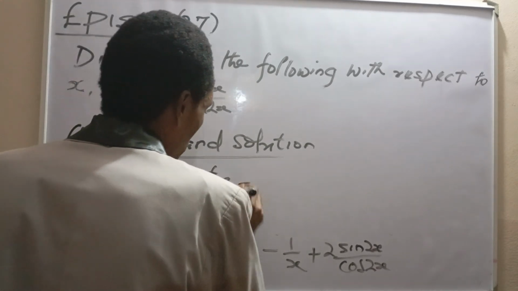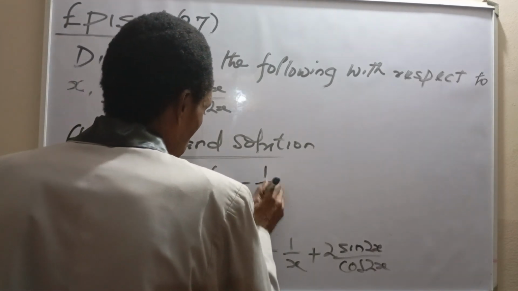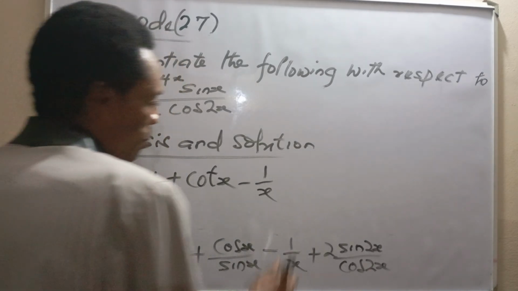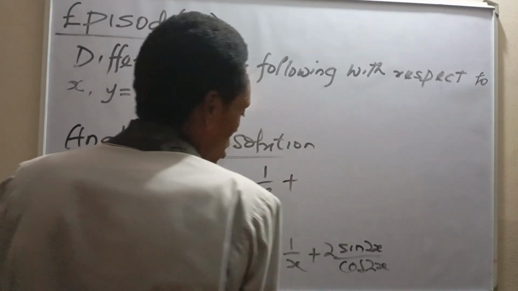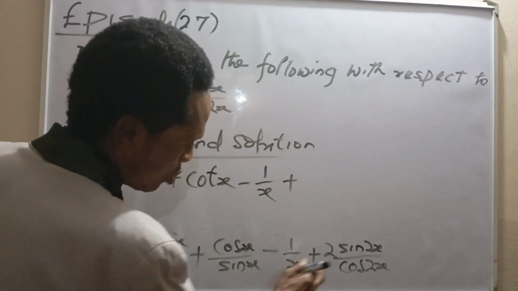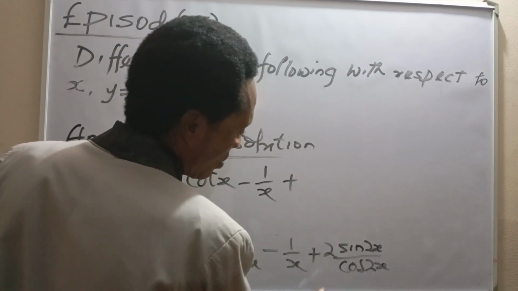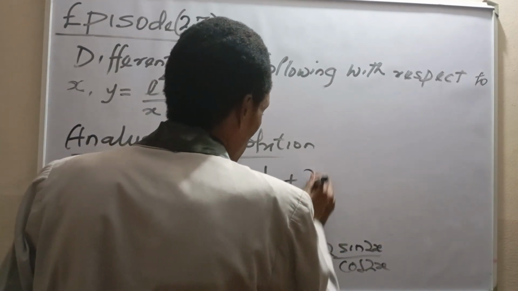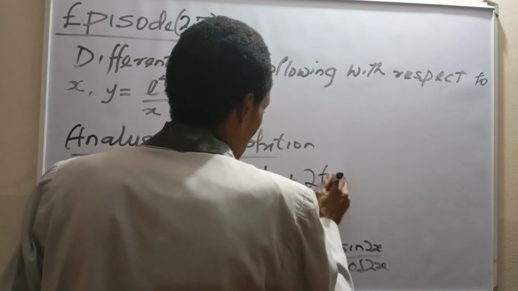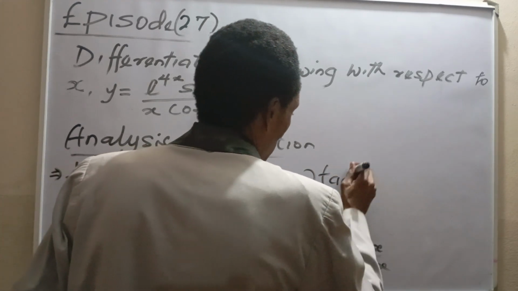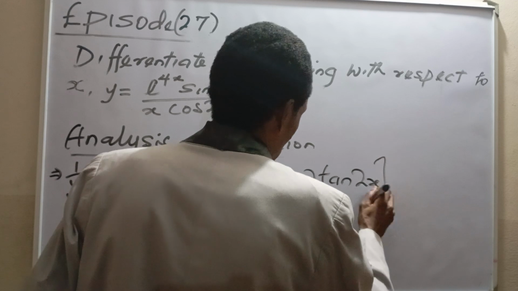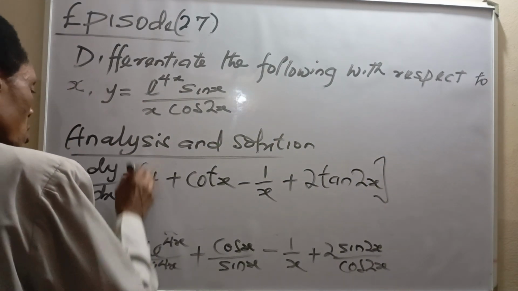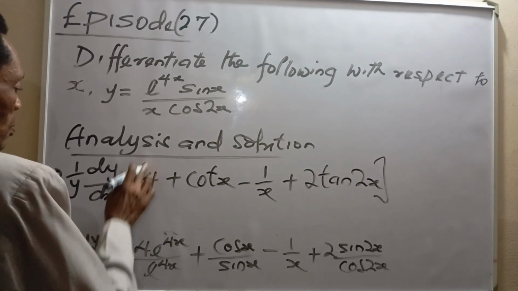Then minus 1 all over s, which is this. Then plus 2 sin 2s all over cos 2s. Sin over cos will give us tan, so it will give us 2 tan 2s.